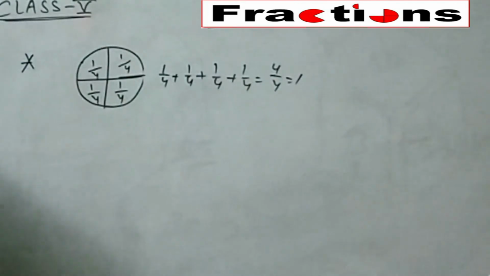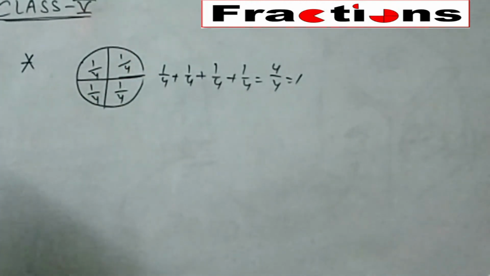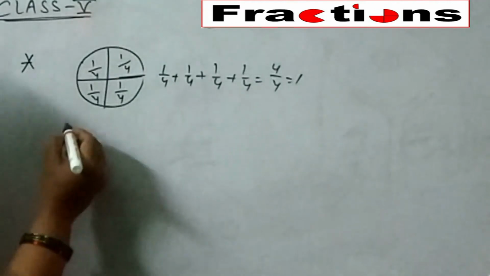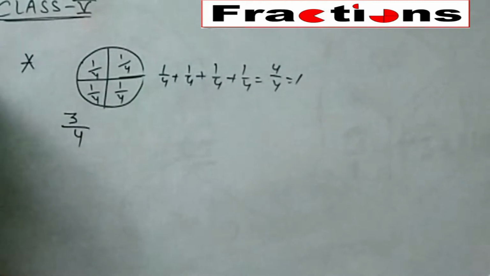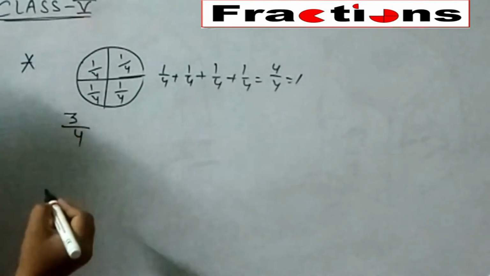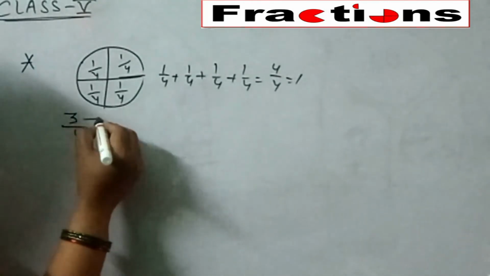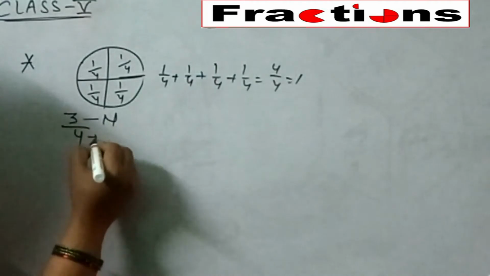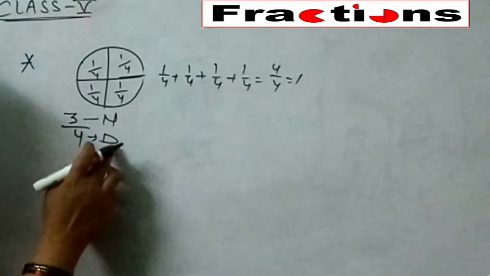So a fraction is a part of a whole, and a fraction must have a numerator and a denominator. Students, suppose this is 3 by 4, the one fraction I have taken. Which number is the numerator? Which number is the denominator? Here the upper number is the numerator, and the down number is the denominator.